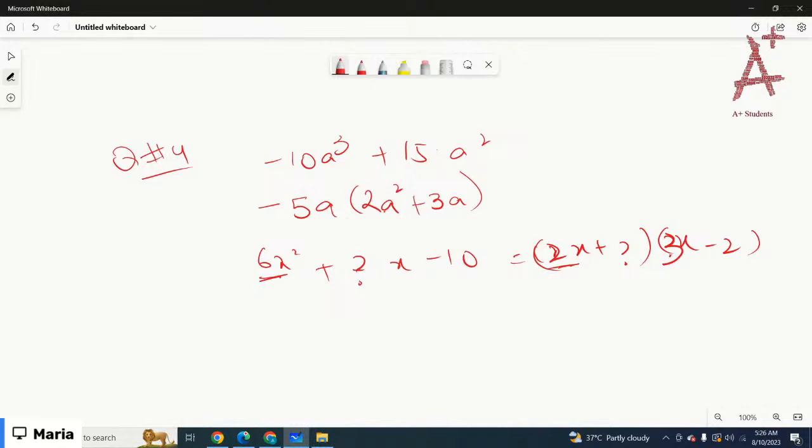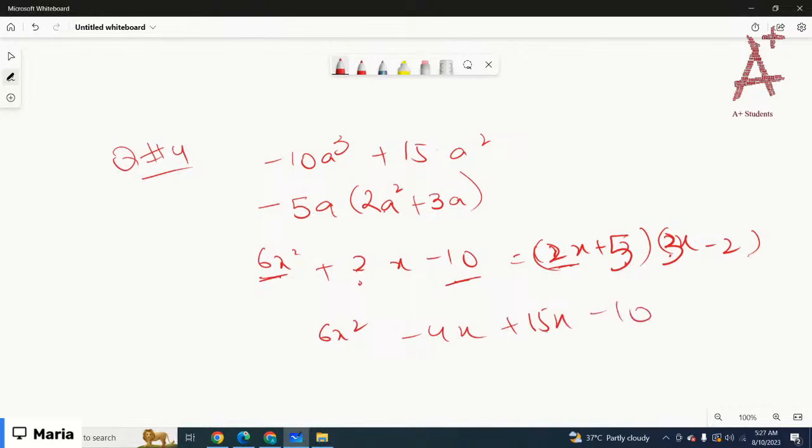Then you have the missing number here for negative 10. You're already given negative 2 here. Negative 2 times 5 is negative 10. Here you have 5. Hold on. 3 times 2 is 6x squared. 2 times 2 is negative 4x. 5 times 3 is 15x.